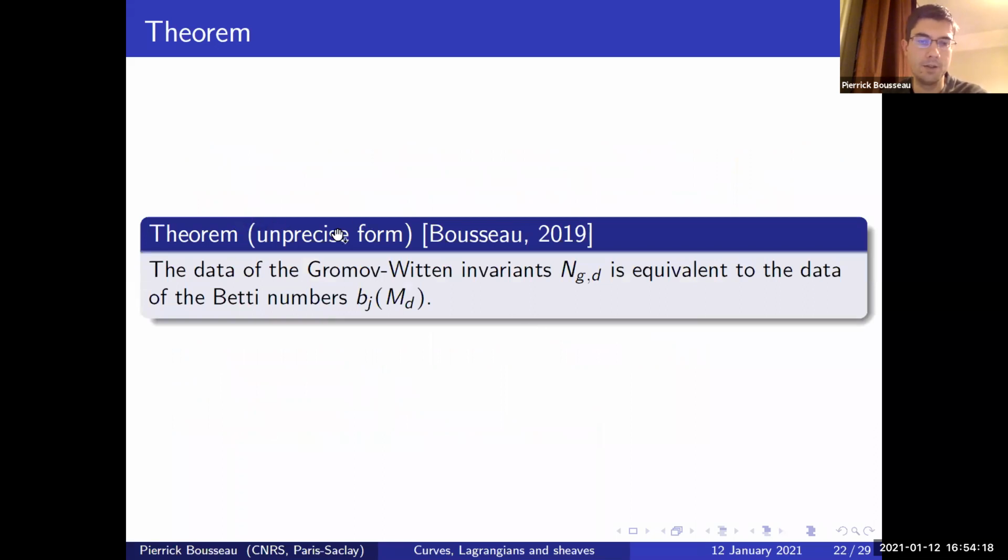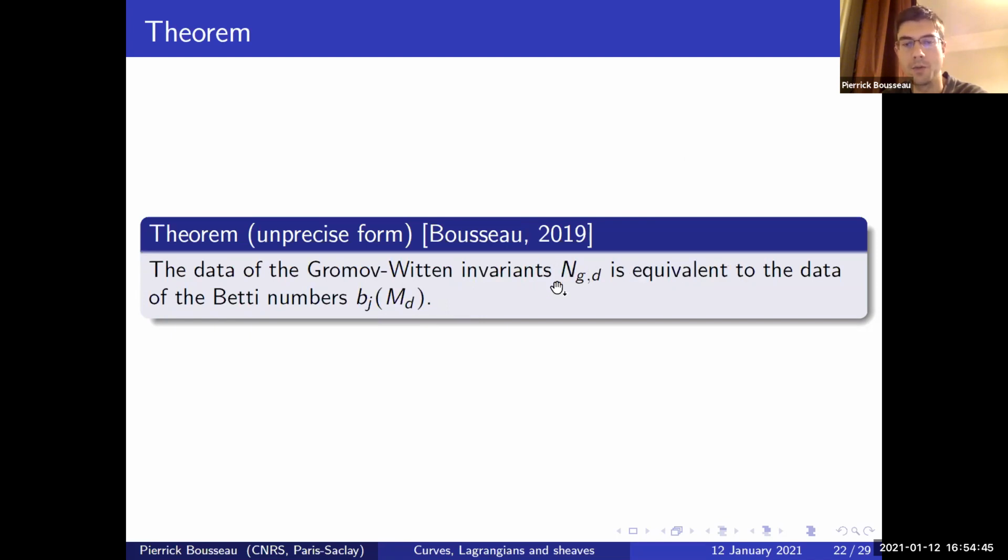Okay, so here is an imprecise form of the theorem, which is that the data of these relative Gromov-Witten invariants N_D of P2 relative to the elliptic curve should be equivalent to the data of these Betti numbers of moduli spaces of coherent sheaves, one-dimensional coherent sheaves on P2. I should stress that the two sides of this correspondence look quite different.